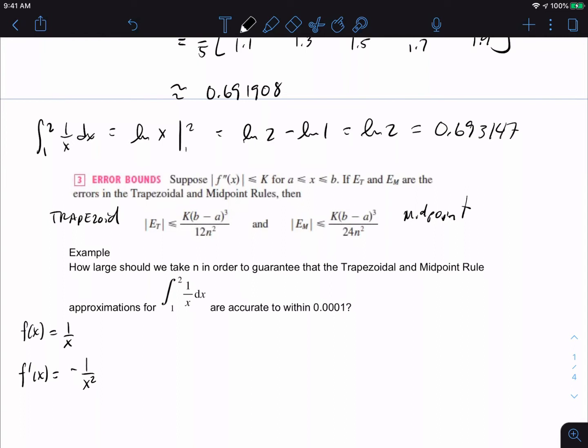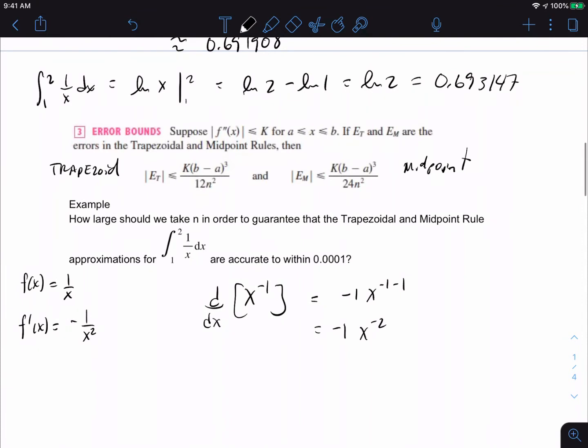Does anyone need me to show how that is a negative 1 over x squared? Yes, please. Okay, no problem. So the way I'm going to do it is I'm going to go x to the negative 1, and then when I take the derivative of this, I'm going to use power rule. So I'm going to get negative 1 x to the negative 1 minus 1, which is going to give me negative 1 x to the negative 2, and that becomes negative 1 over x squared.